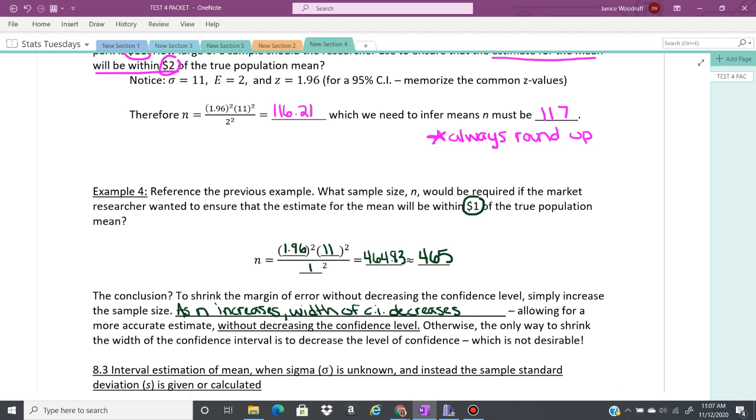Otherwise, the only way to shrink the width of the confidence interval is to decrease the level of confidence. Not desirable. You always want to have the highest level of confidence that is possible for your research.